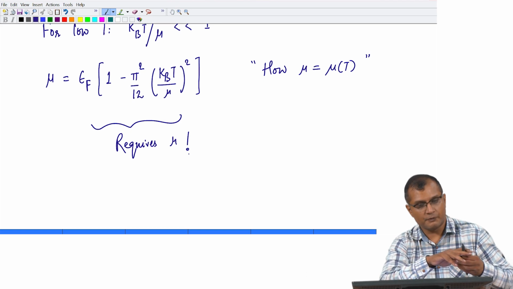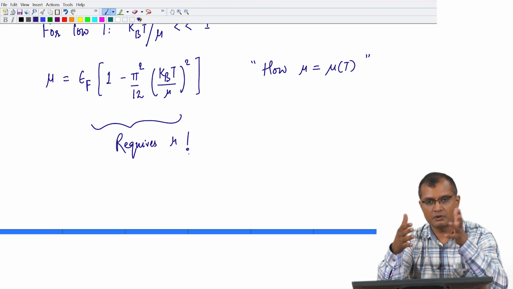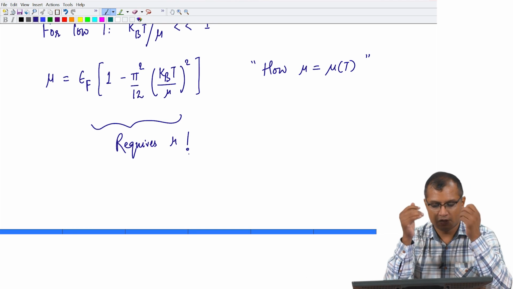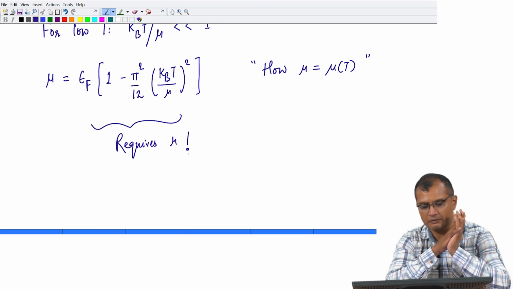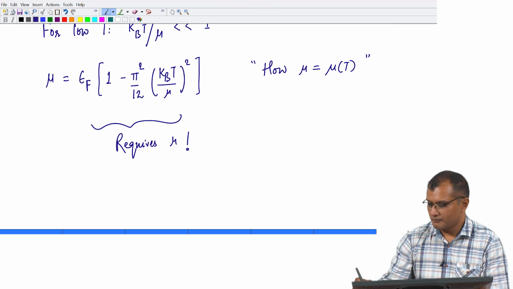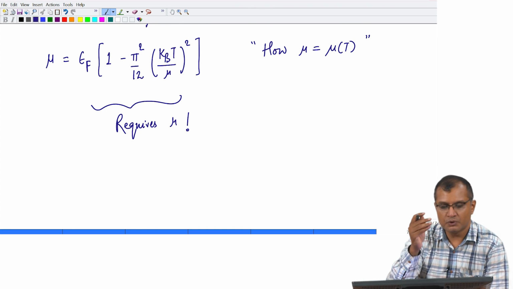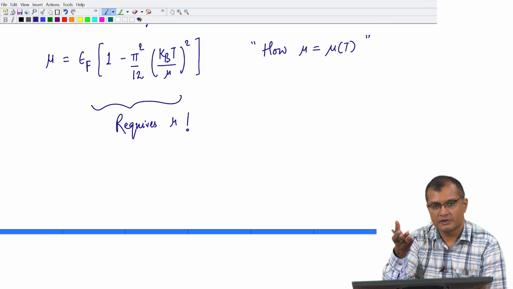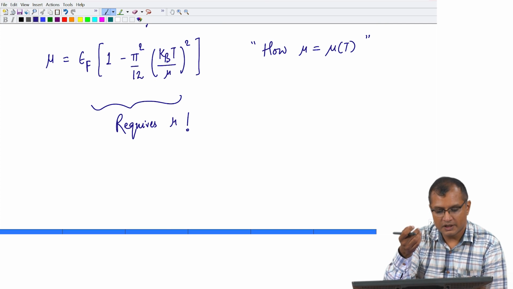I am going to find out mu, but that requires me to compute mu for the right hand side. So, we can at least do this in a series, in the sense that when mu is very close to the Fermi energy, then to lowest order we can tell how mu will vary.